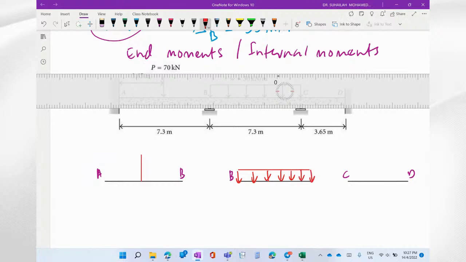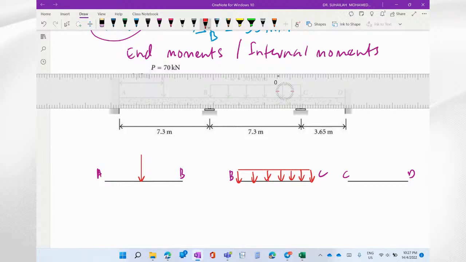This is the UDL along member BC. And CD has no load on top of it.